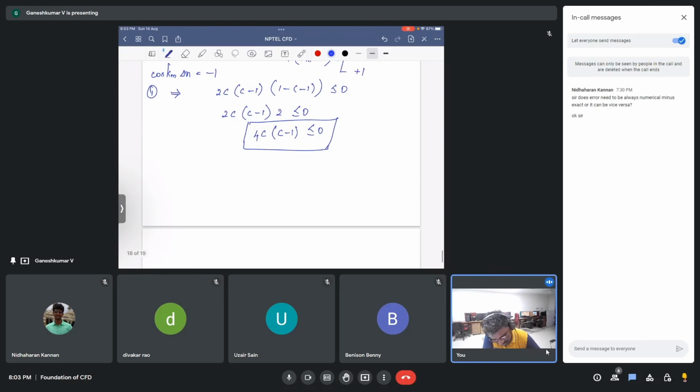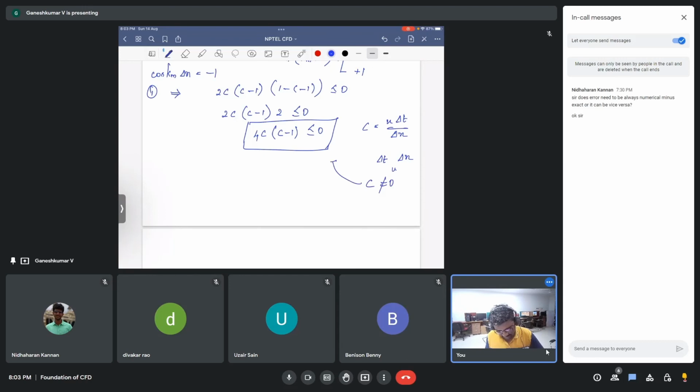See, what is c? c is u delta t by delta x. And we have some delta t and delta x, and there is going to be u also something. So c can never be equal to 0, right?